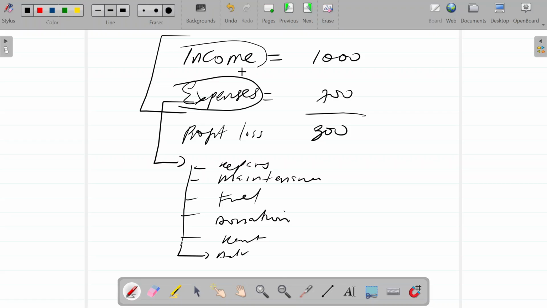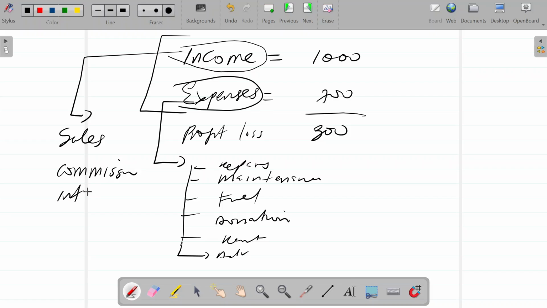When we take the income, we have a number of income items like sales, commission income, interest income, dividend income. So income also has its own subcategories.